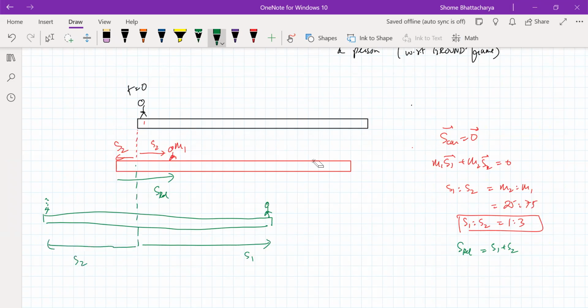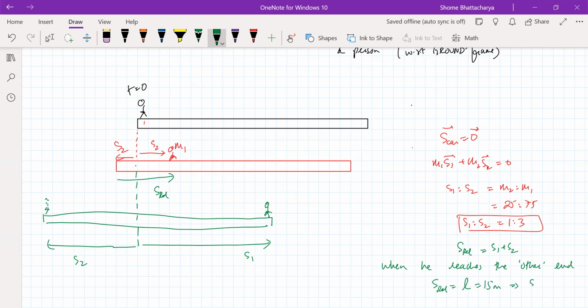Okay. So when he reaches the other end, I have told you it's a very trivial question actually. Very simple question in that sense. The length of the plank is given to you. So S relative should be equal to the length of the plank, which was how much? 15 meters.